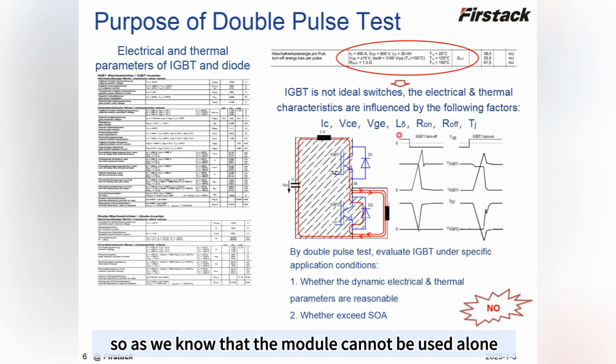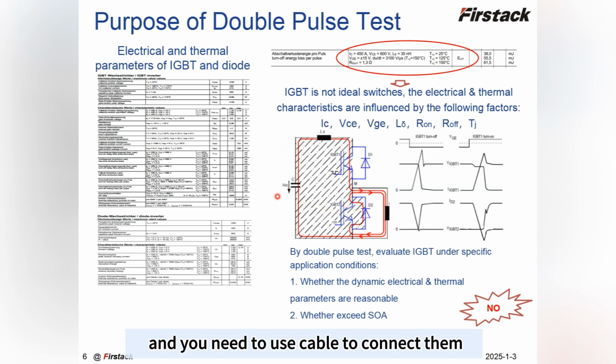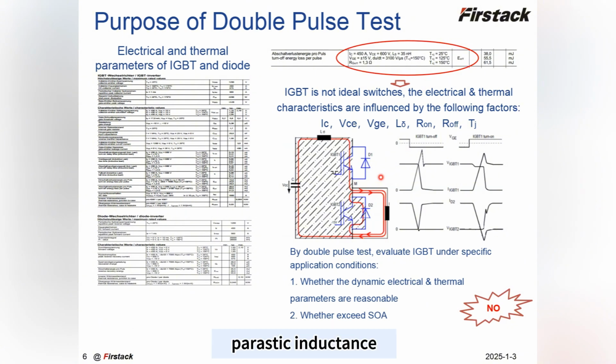As we know, the module cannot be used alone. It must be connected to the external circuit like the capacitor and inductance, and you need to use cable to connect them. And then on these components, you will find parasitic inductance.